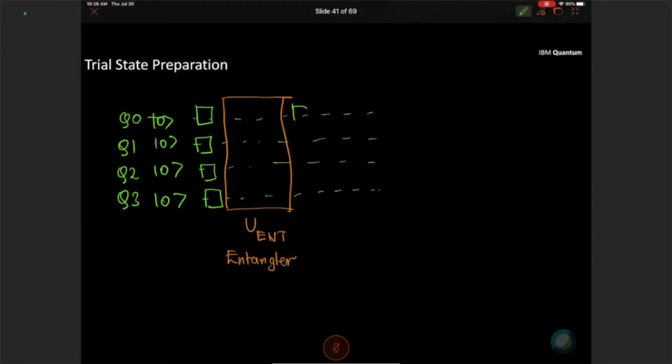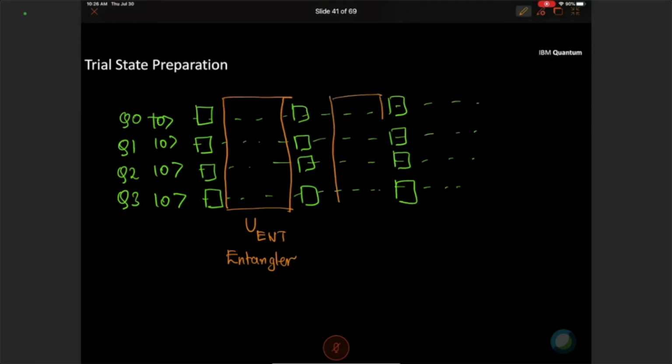So we can have one more layer. Okay, so that's going to be the general structure, and this can essentially keep going on.